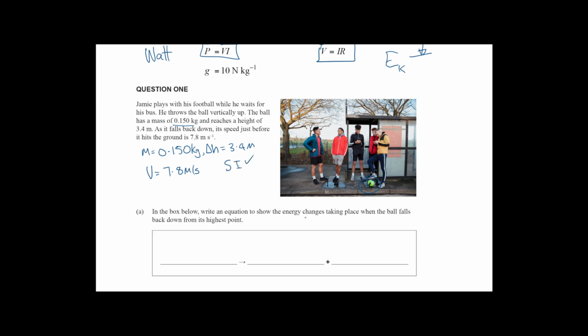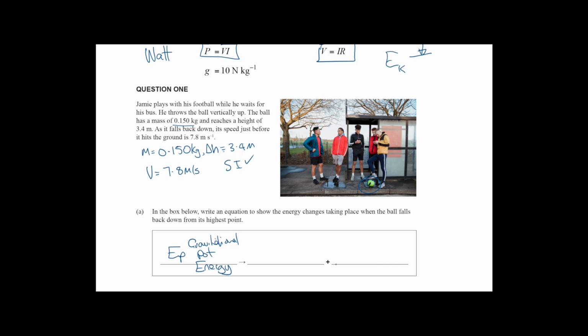Okay, in the box below, write an equation to show the energy changes taking place when the ball falls back down from its highest point. So this is the point I was making before. We start off with gravitational potential energy. People tell me my handwriting is terrible, so I'm trying to write neatly.